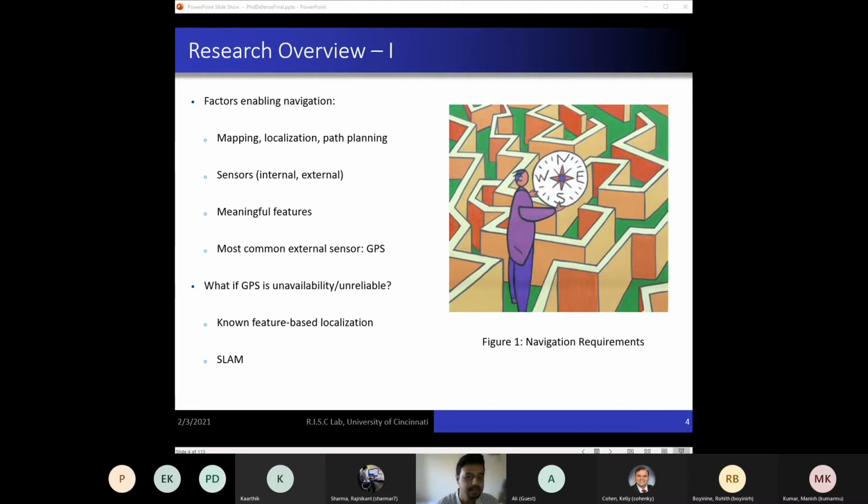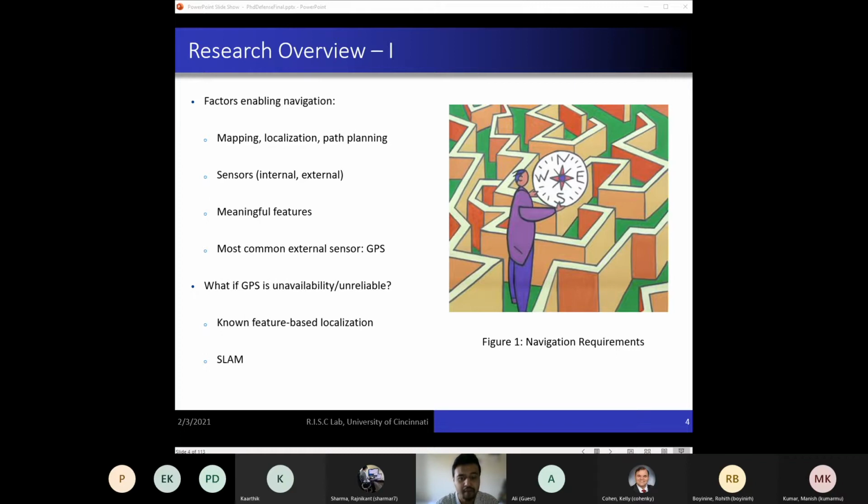The most common external sensor that path planning and routing algorithms use is the Global Positioning System or GPS. However, GPS has plus or minus 5 meters of uncertainty in the north and east directions and plus or minus 9 meters of uncertainty in height. So if GPS is unavailable or unreliable, we need to resort to alternate data gathering methods.